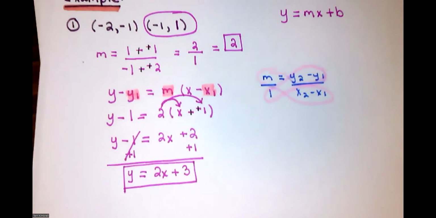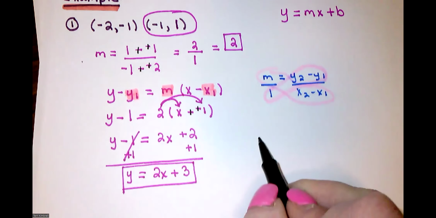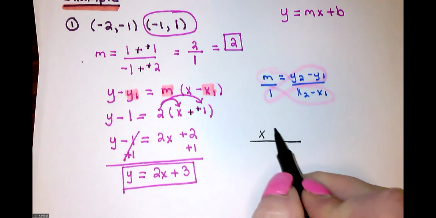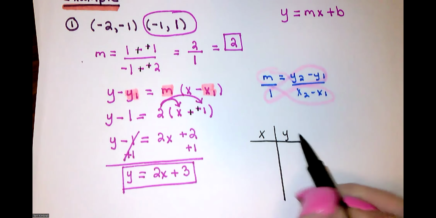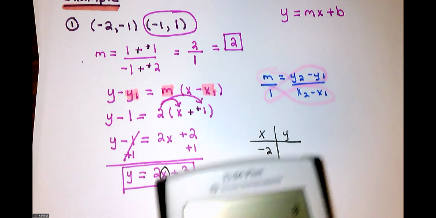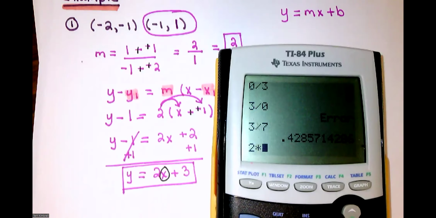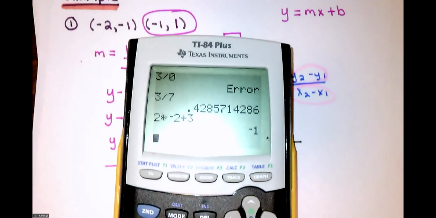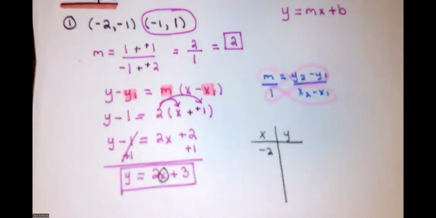Now, when you get this equation, it should work with your data. So when you go back and think about your ordered pairs, if you were to put -2 in for x, you would do 2 times -2 plus 3, and notice that you get -1.